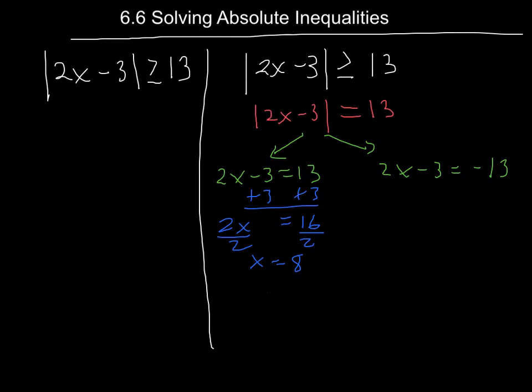Okay, so what I would like you to do instead is to solve the right-hand side as well. So add 3 to both sides, add 3 to both sides. 2x equals negative 10. Divide both sides by 2. So x is equal to negative 5.